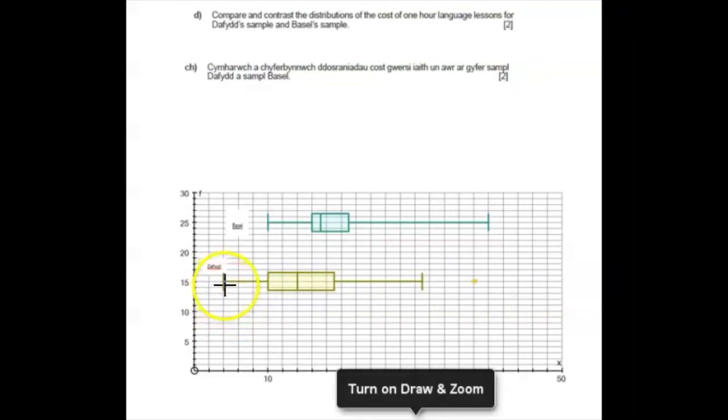Also, Davits' distribution is positively skewed because there is less of the data in the lower 50%, so more data here, and then it is spread out more here, so there is a long tail, so that it is positively skewed.